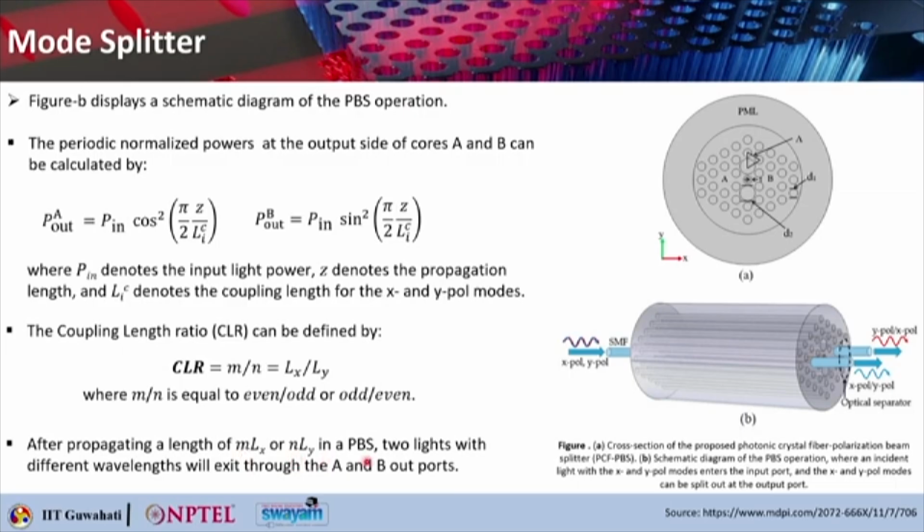In a polarization beam splitter, the two lights of different polarization will exit through A and B port. So here you can see that in the single mode fiber, basically you are having X pol and Y pol together, and then finally you can get either X pol here and Y pol here, or vice versa, you can have Y pol here and X pol here. So this is how you are able to split the beams.